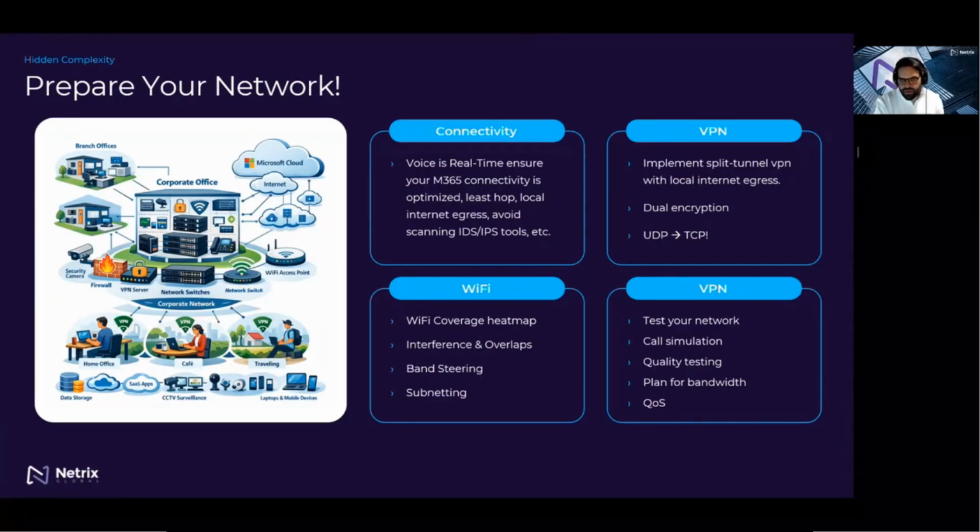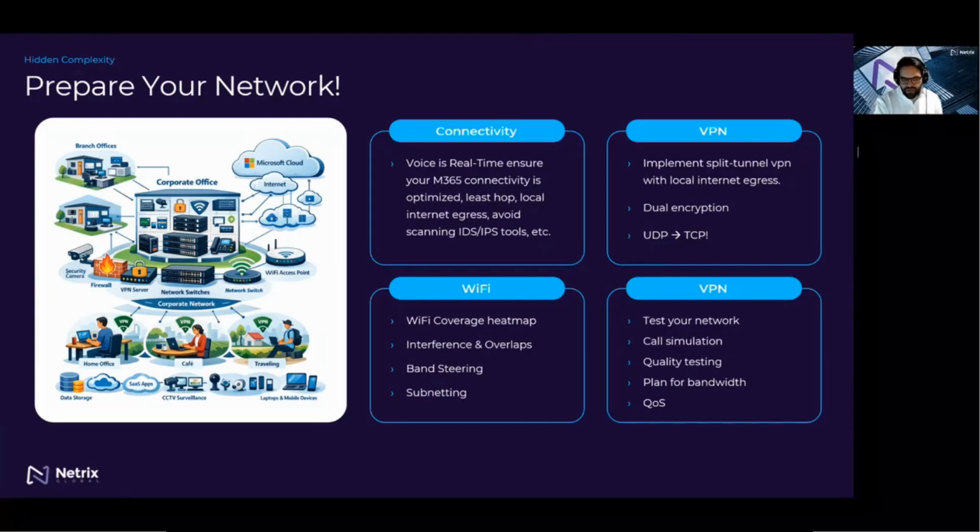VPN, if you have remote users working, consider doing split VPN. We have done this for many, many clients. It works, it's secure, it's safe. Most of the media traffic on Teams is going to be UDP, and typically those are already encrypted using SRTP.